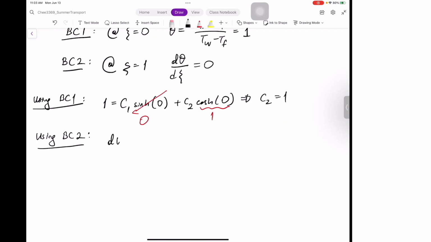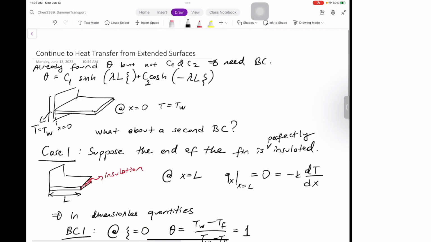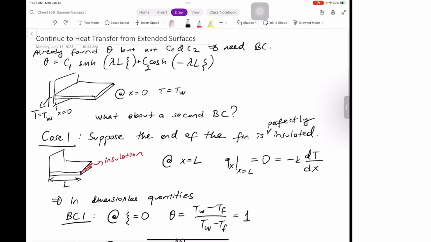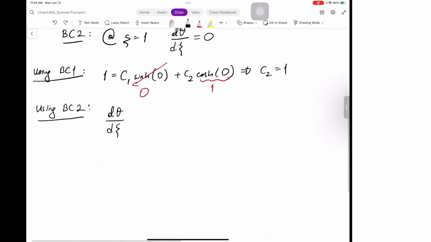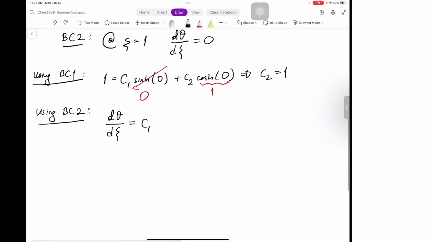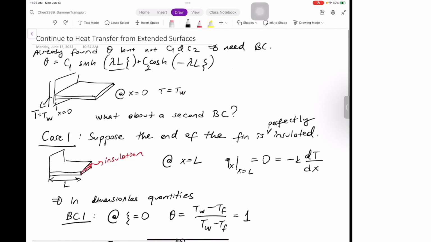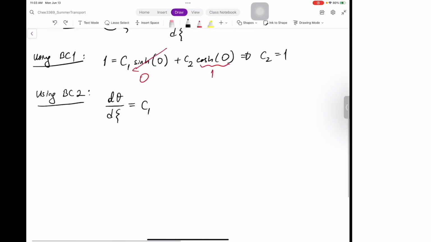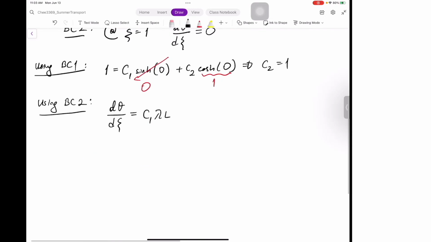So I need to find out the theta over the psi first using this equation. C1 times the derivative of this sine hyperbolic is the derivative of the inner terms times the derivative of the sine hyperbolic, and inside the derivative of whatever's inside is lambda L, and that's cosine hyperbolic.